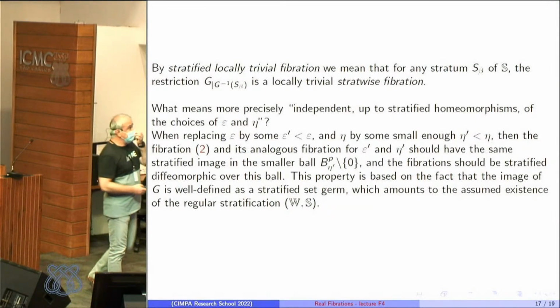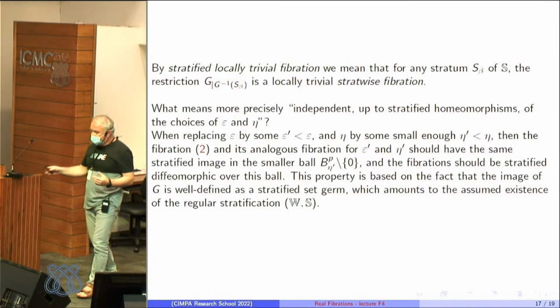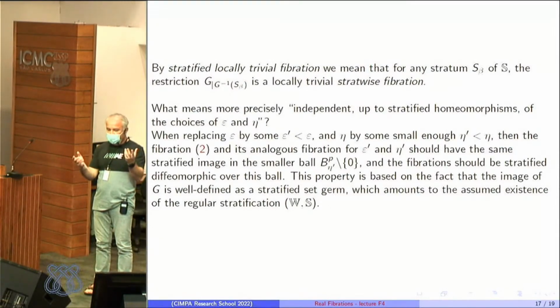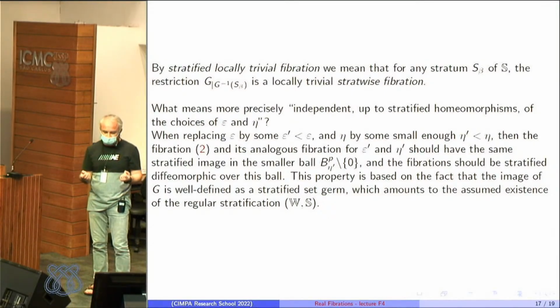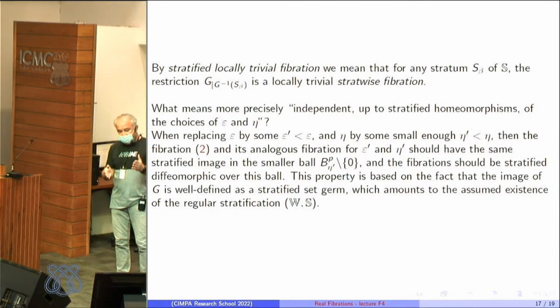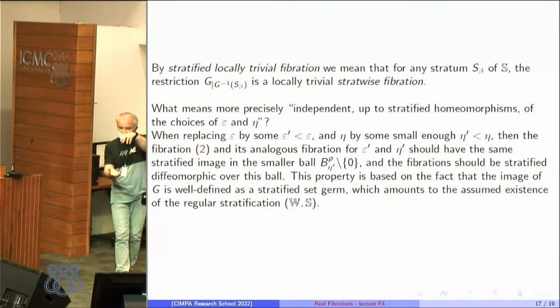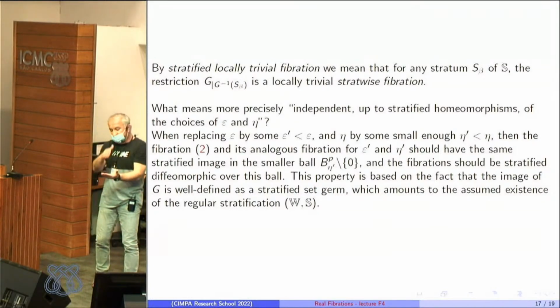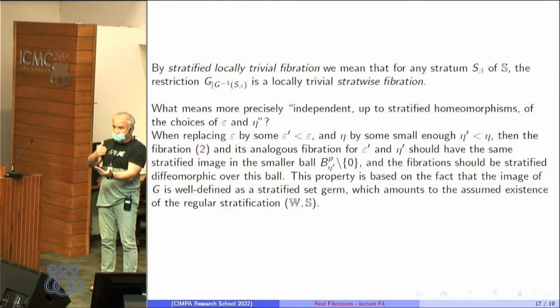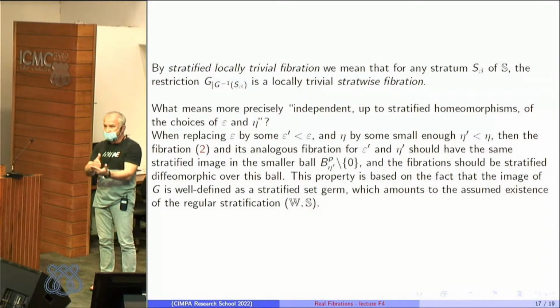And the independency means that you start with epsilon and eta, and then you choose some smaller values, epsilon prime and eta prime. And the idea is that when you do that, think about this as everything stratified, in the smaller choices, the image is going to be the same as in the larger one. Then in the target we have the same strata. And moreover, once you have the strata, the two fibrations above the strata are going to be diffeomorphic. So they're equivalent.